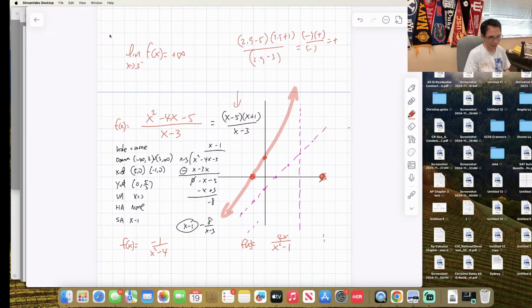You can probably say it's going to go down, but you can verify by plugging in 3.1. If I plug in 3.1, 3.1 minus 5 is negative, 3.1 plus 1 is positive, 3.1 minus 3 is positive, so negative times positive over positive, so it's negative.